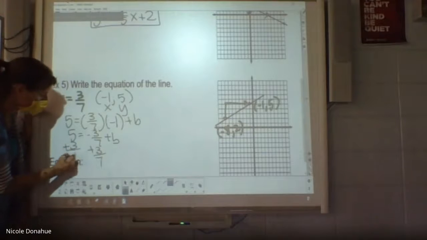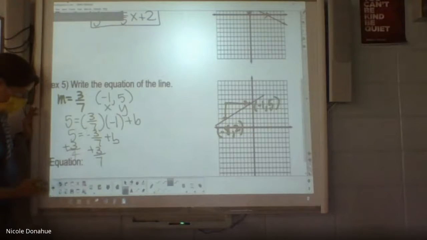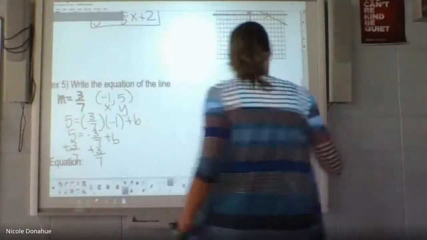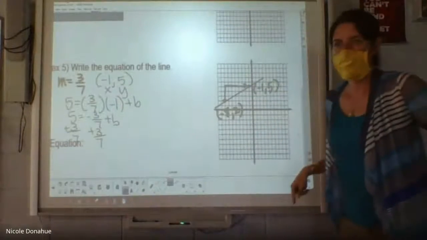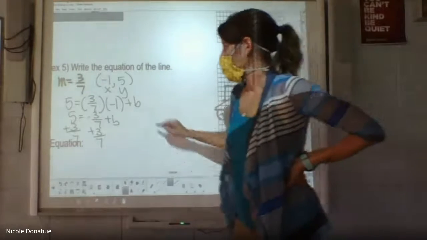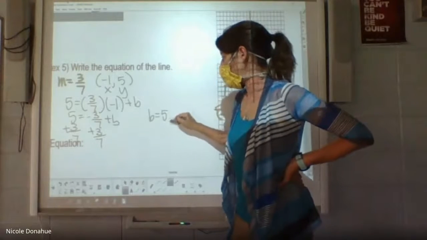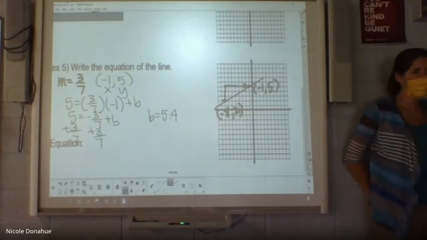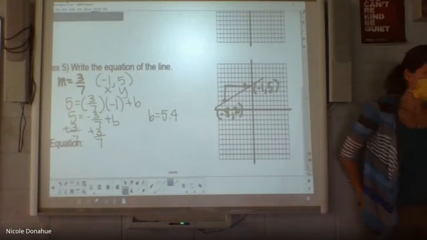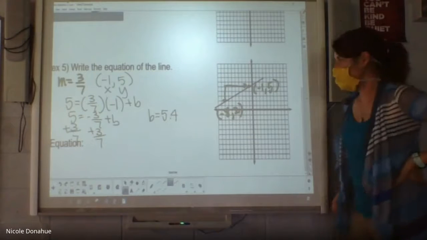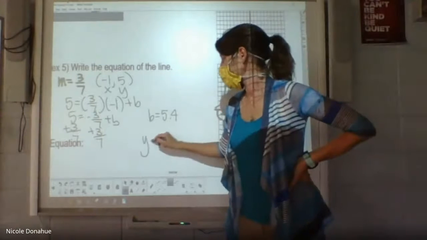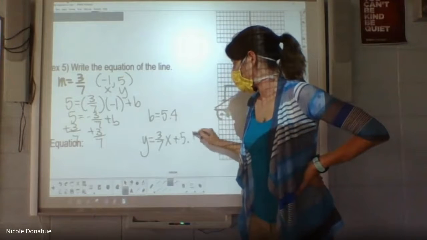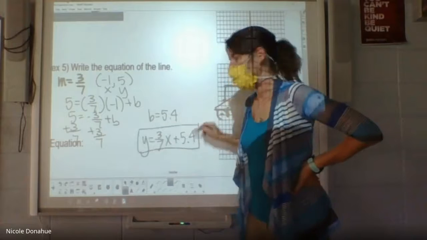Now if you check 3/7 in your calculator, it's like 0.4 about, right? Something like that. So b ends up being about 5.4. And again, looking at our graph, that looks about right, but you're counting on my drawing to be perfect, and maybe it's not. So 3/7x plus 5.4 is our equation.